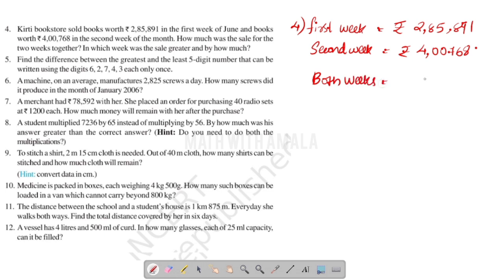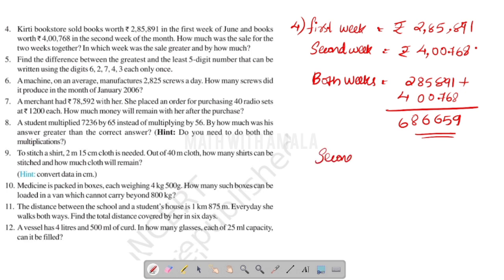So in which week? That means you have to find the difference and identify which is the bigger number. Of course, we can see that the bigger number is in the first week, 2,85,891. What is the total selling price? It is 2,90,659.